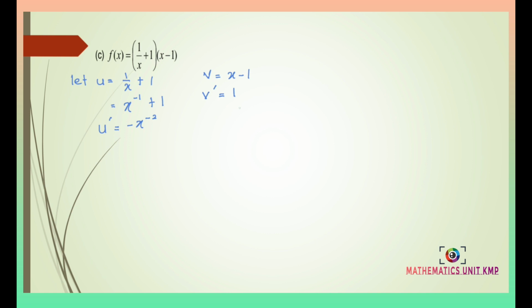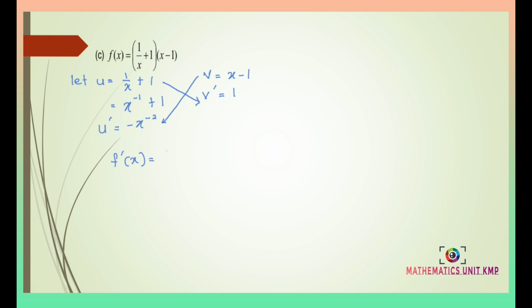Then we can differentiate f(x) and we write it f prime x and substitute into the product rule, that is uv' plus vu'.